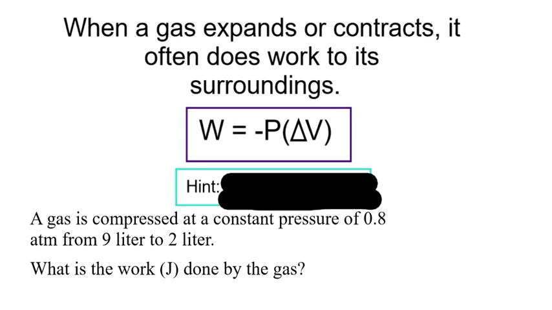The equation here is that work equals negative P, which is pressure, times the change in volume. For this equation to give us the unit of joules, pressure should be in units of kilopascals, kPa, and volume should be in liters.